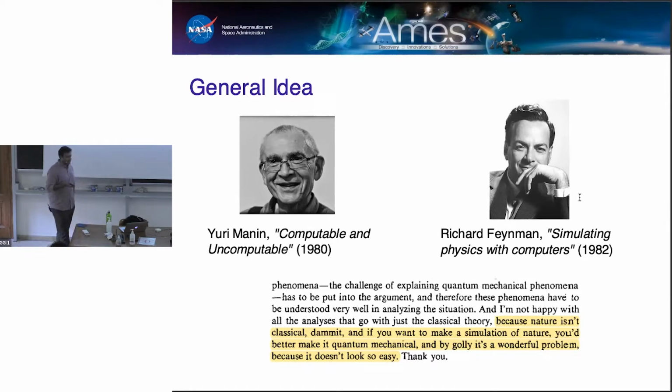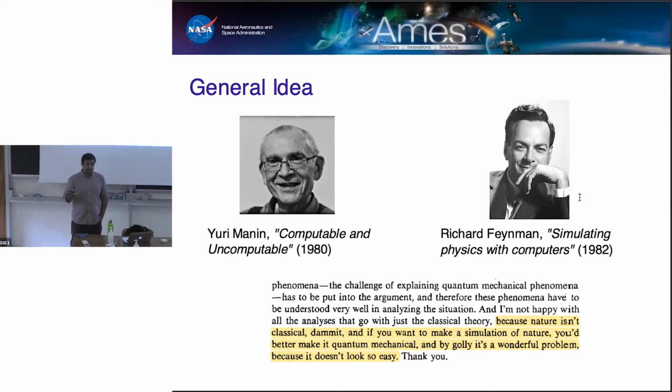What they realized is that even though certain quantum mechanical systems could be solved for analytically, and if you're clever enough numerically, for generic quantum mechanical systems, classical computers will inevitably run into a computational cost that scales exponentially in the size of the problem input.